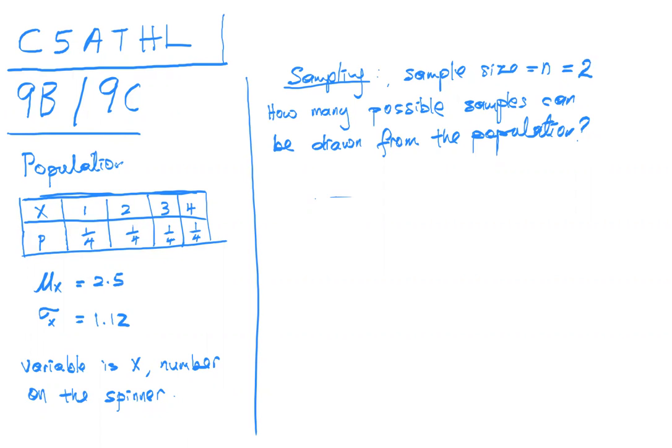So if I select one already, I spin once. When I spin the second time, will I get the same number? I can get the same number, correct? So how many possible samples can I get? The first spin, I can get 4 possible answers.